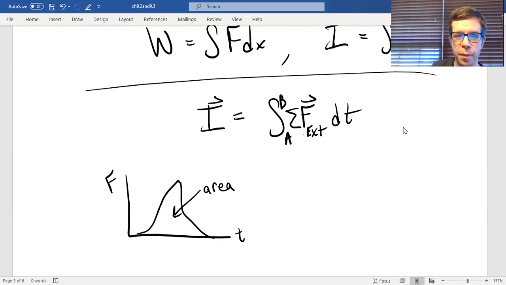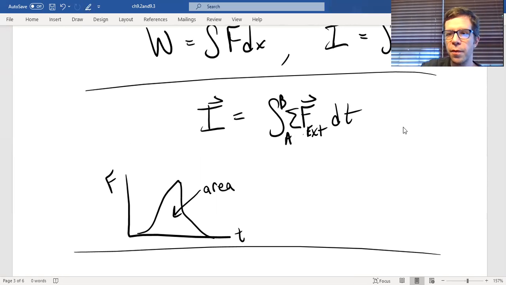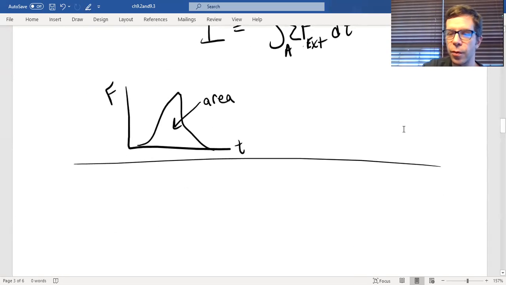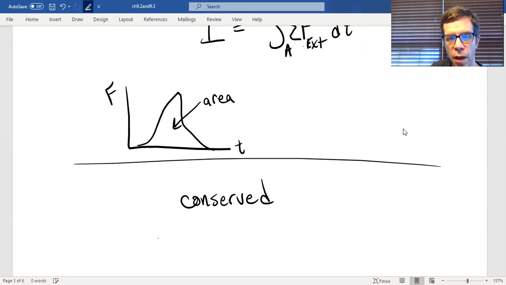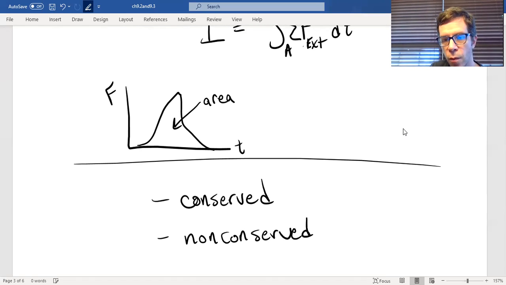I think that's it. So we've now kind of given ourselves the basic tools for dealing with a conserved situation and a non-conserved situation where we have an impulse.